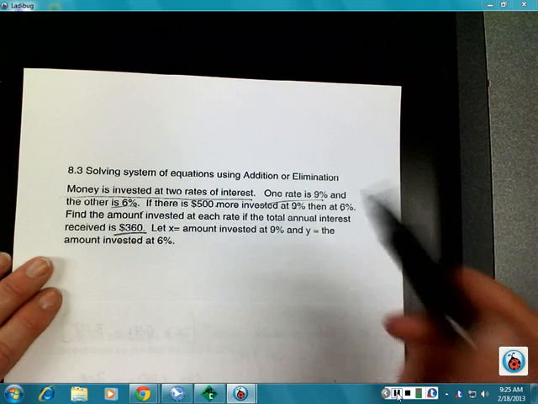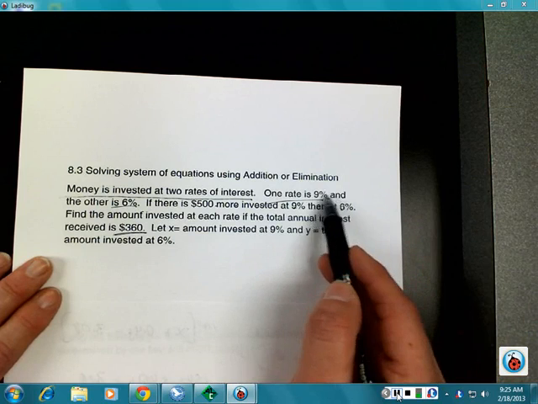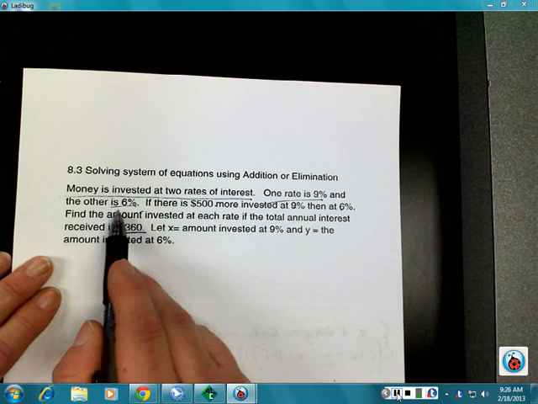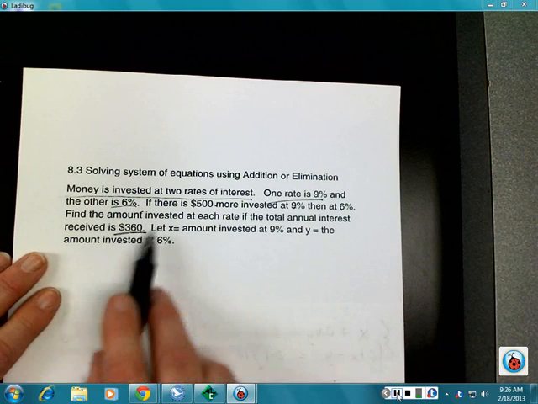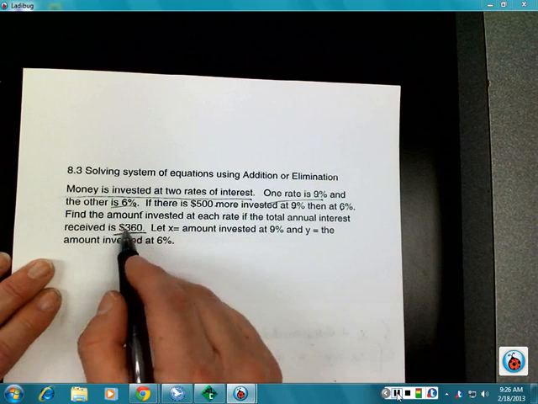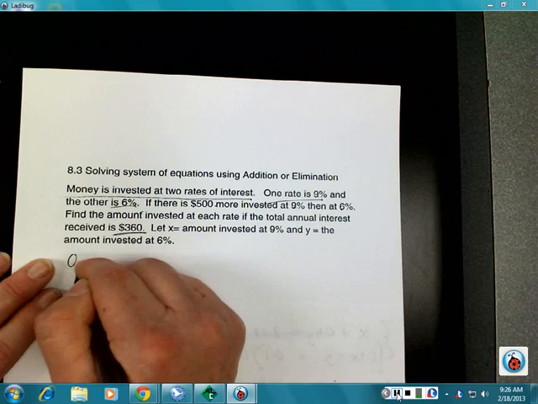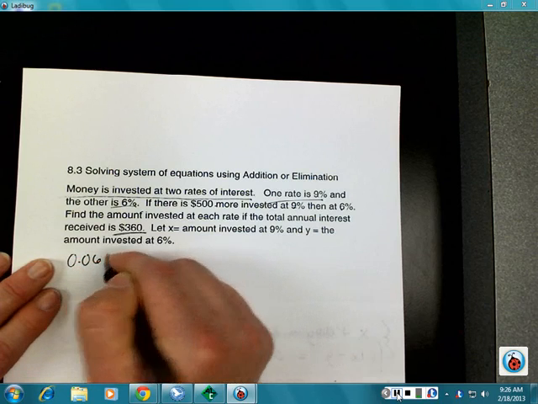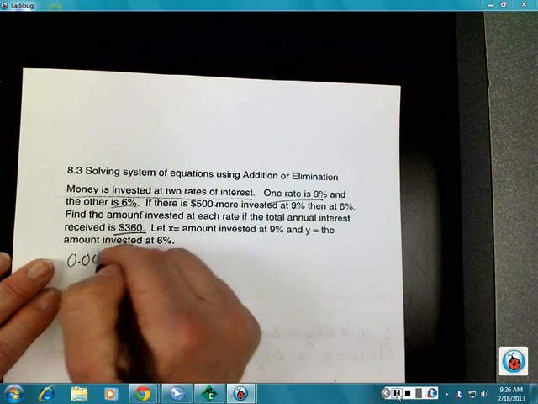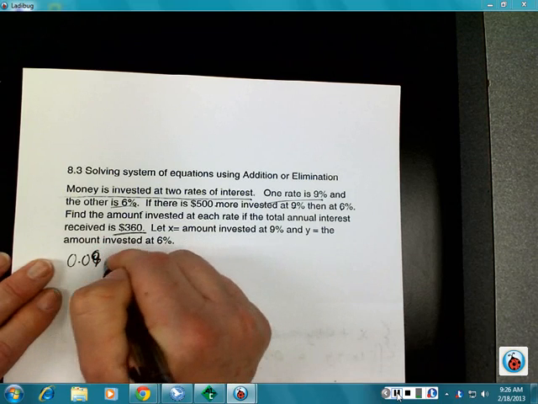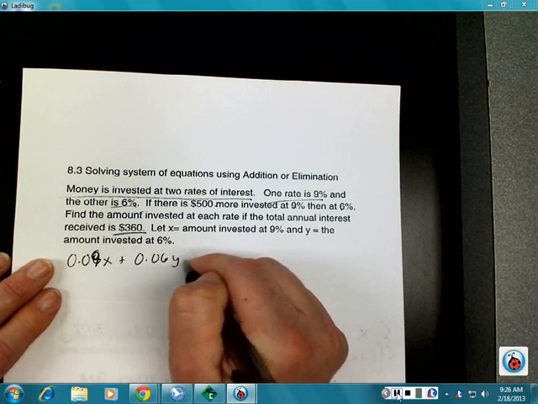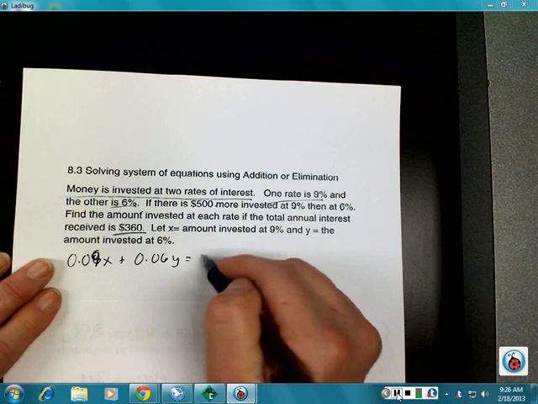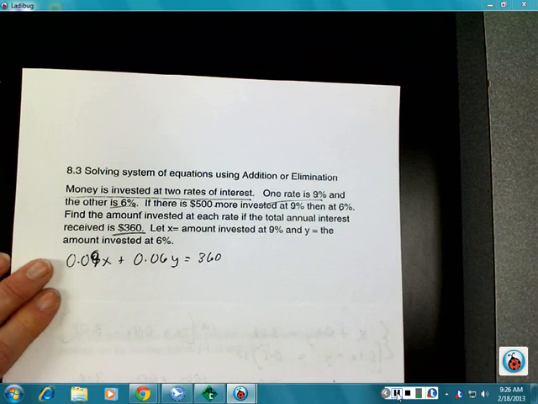I gain interest by having a certain amount times 9% and a certain amount times 6%, but do I know anything about those? No, I know they're X's and Y's. So if I put this combination together, it's going to be 0.09x plus 0.06y, and that's all going to equal 360. We okay so far?